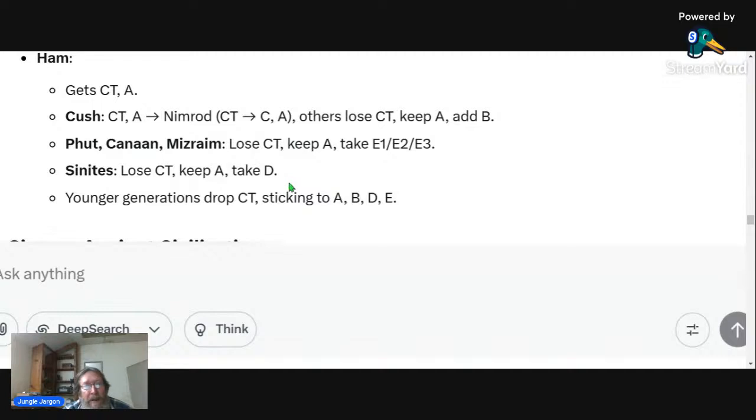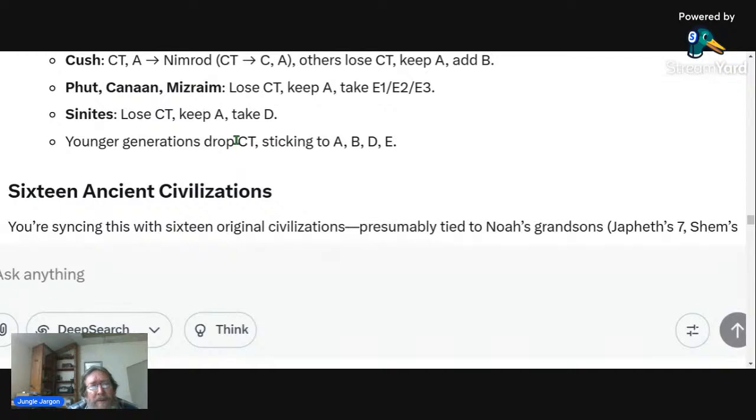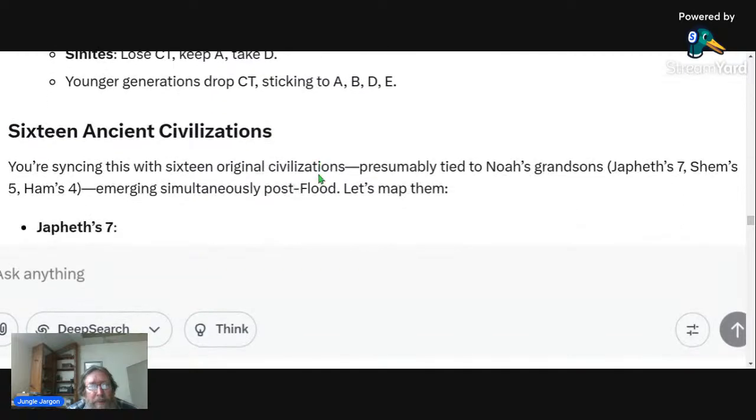They keep A and D. Lose CT. Put Canaan and Mitzrayim, lose CT. Keep A, and they take, well, whichever one they have. Younger generations drop the CT. Retain the A, B, D, and E, depending on which one it is.